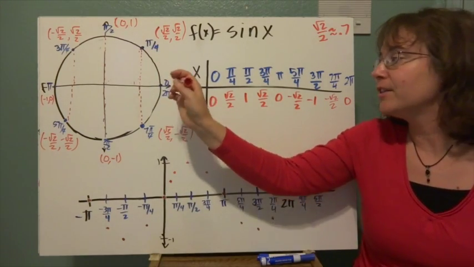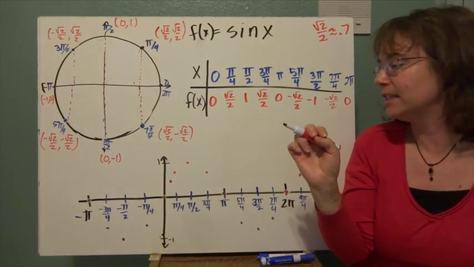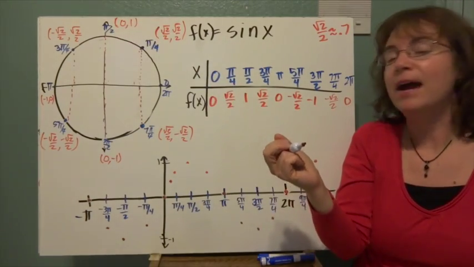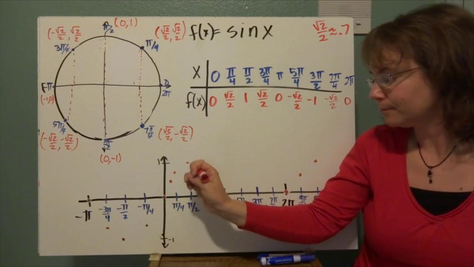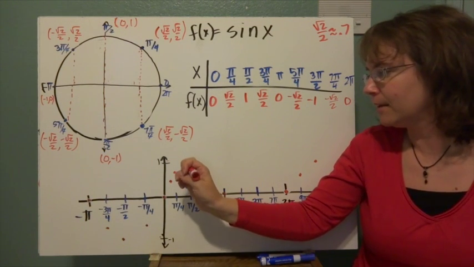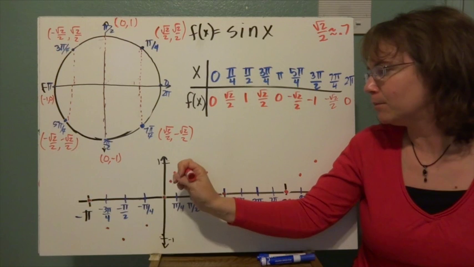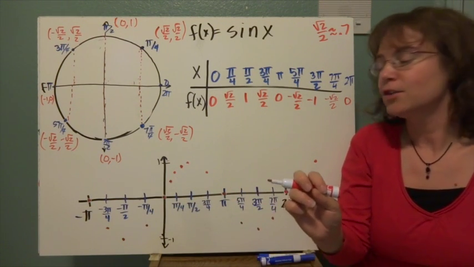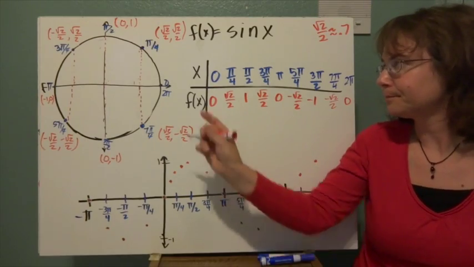But I didn't do that on this one just to make it easier for you to see. Then I could go on and plot pi over 3. Pi over 3 is root 3 over 2, which is a little bit closer to 1. So it's a little less than 1.